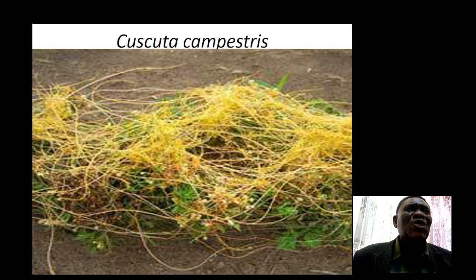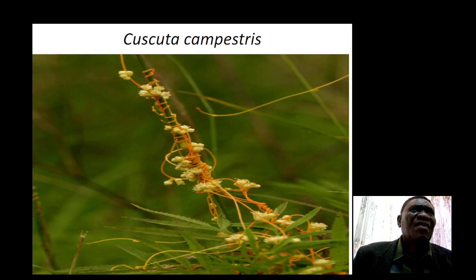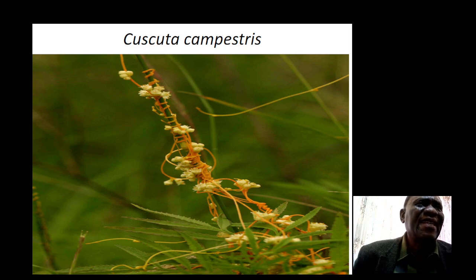It looks like spaghetti. This is the wiry sort of appearance. Again, Cuscuta showing the flowers. It actually curls around the host.